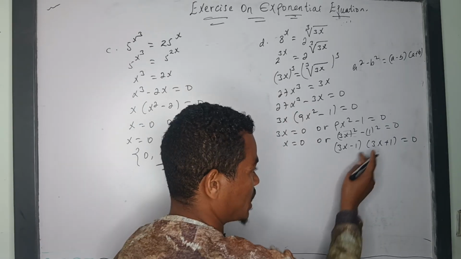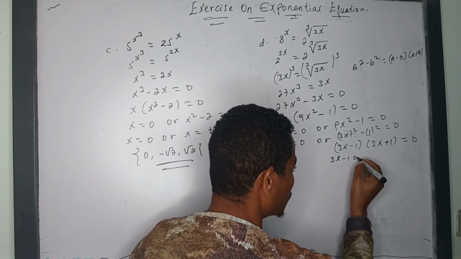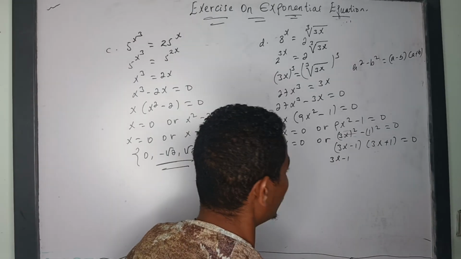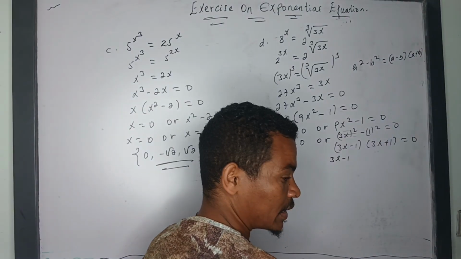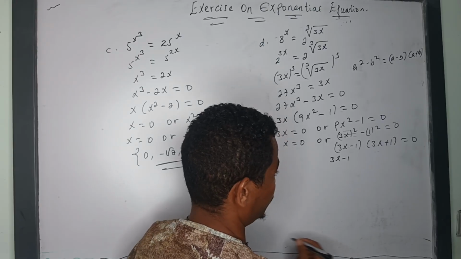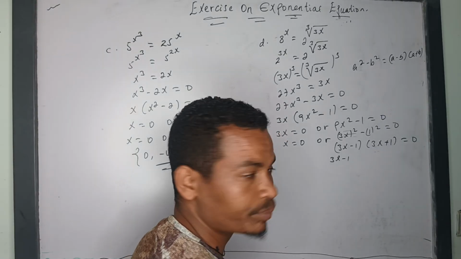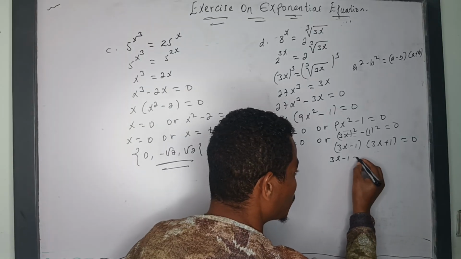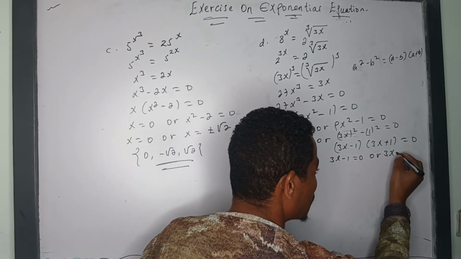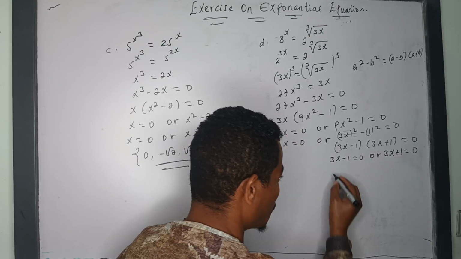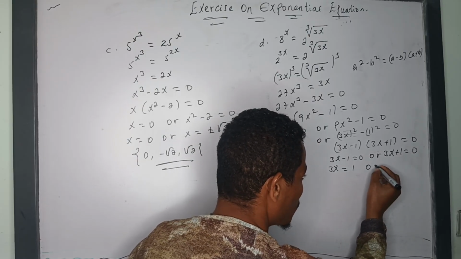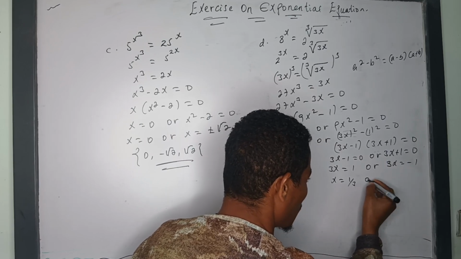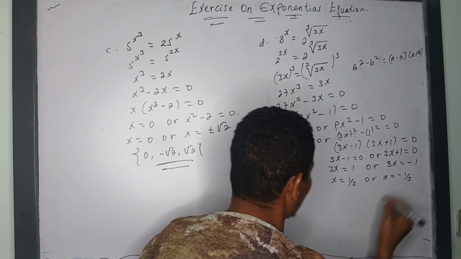So 3x minus 1 times 3x plus 1 is equal to 0 when 3x minus 1 is equal to 0 or 3x plus 1 is equal to 0. So 3x is equal to 1 or 3x is equal to minus 1. x is equal to 1 over 3 or x is equal to minus 1 over 3.